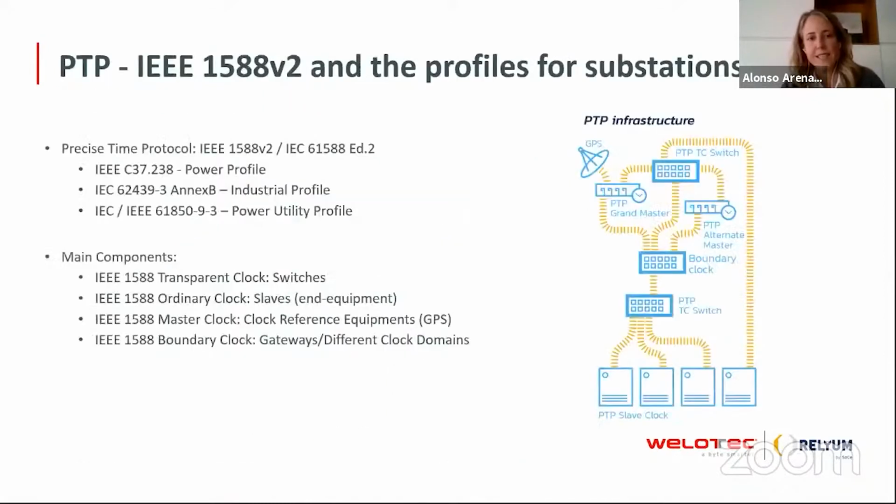Okay, so now I'm going to talk about another very important concept that is related with HSR and PRP and with some critical sectors like, for example, the electrical one, and that is synchronization. In particular, PTP, the standard defined in the IEEE 1588 standard.